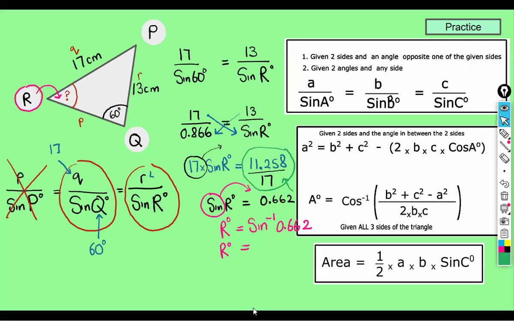When I do sine inverse of 0.662, I am getting 41.452 degrees. Now, for your final answer, remember for CXC, it should be at least 2 decimal places. I would advise, while you're doing the working for this particular topic, go to 3 decimal places.